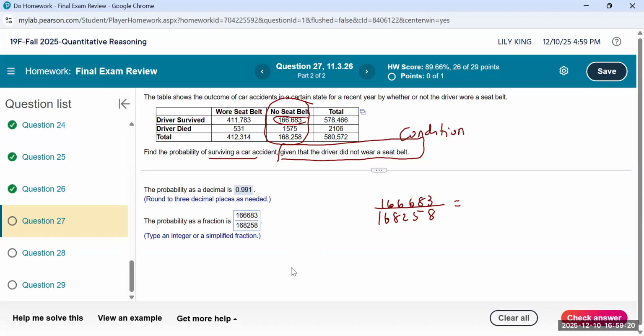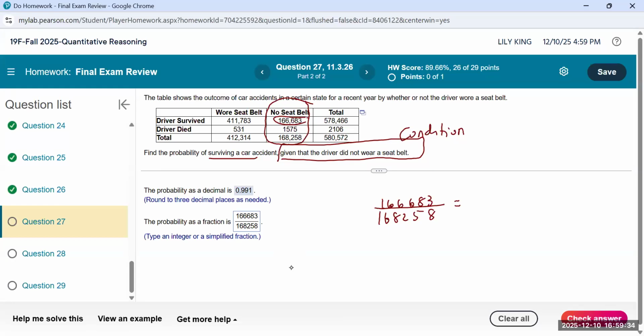Now let's divide both the top part and the bottom part by 3 and see.